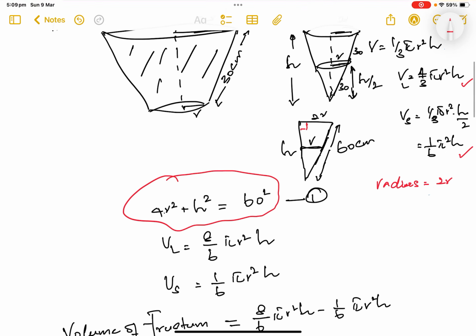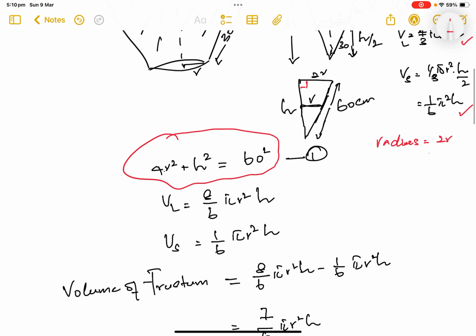But VL is 4/3 pi r squared h. I want to make the denominator the same as the small volume Vs, which has 1/6 pi r squared. So in other words, multiply top and bottom by 2. 4 multiplied by 2 is 8, 3 multiplied by 2 is 6, so just make the denominators the same. That gives 8/6 pi r squared h, and the small one is 1/6 pi r squared h.